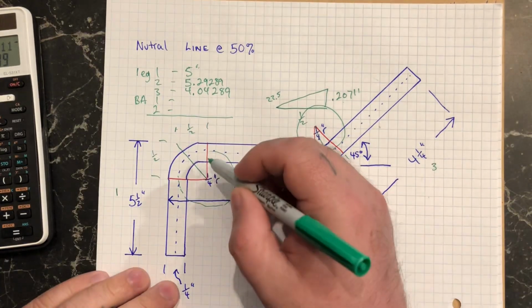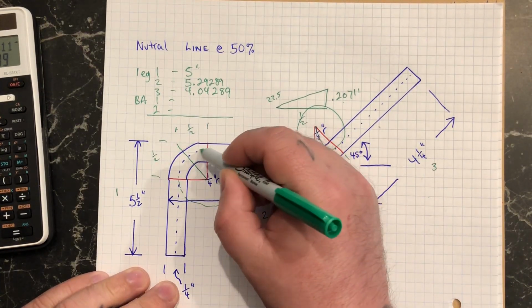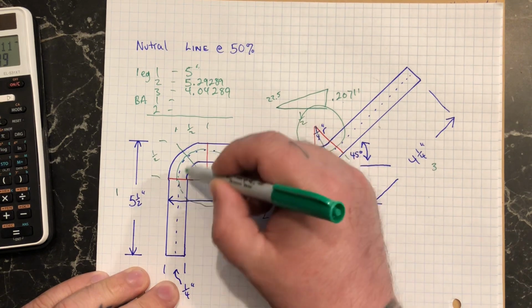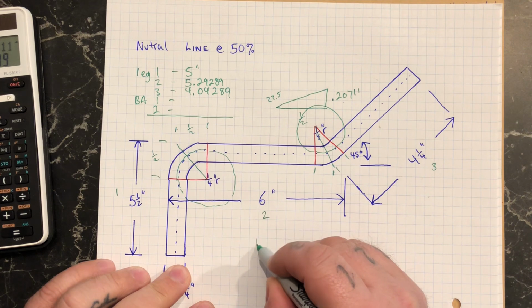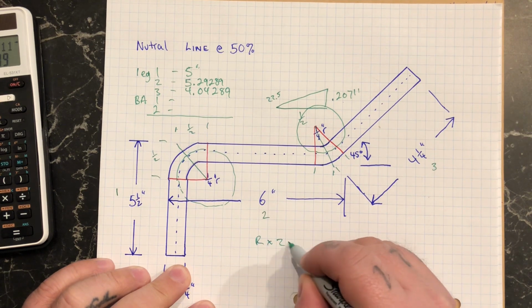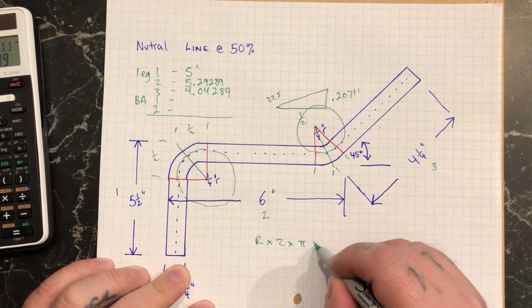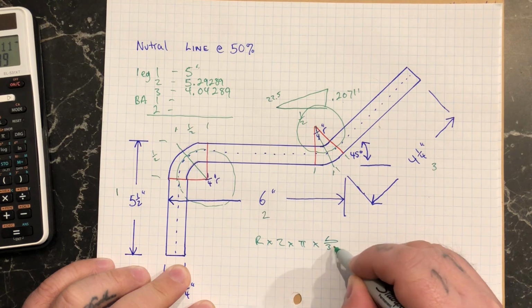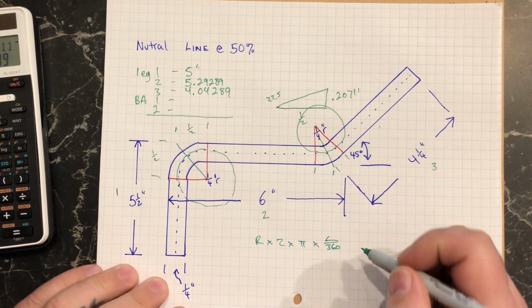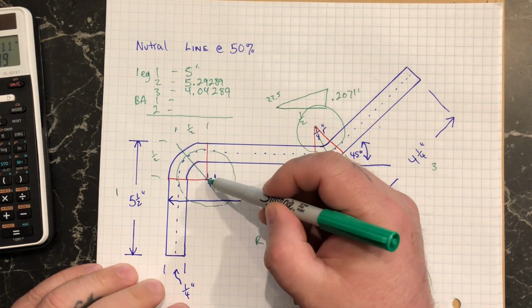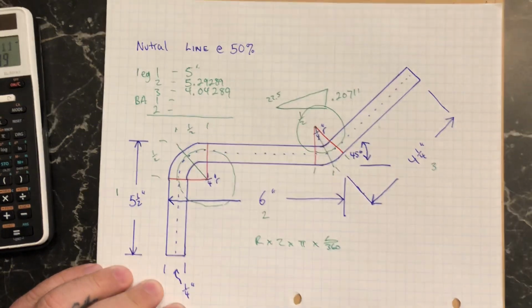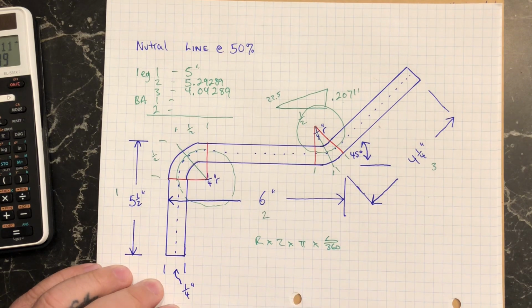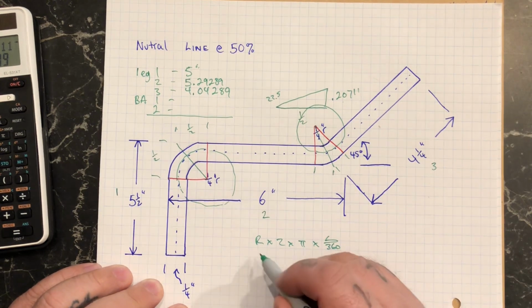Okay, so for this one here, we're looking for a quarter of a circle, right? This quarter here. So we're going to be using that radius times 2 times pi times angle over 360. Our radius here is going to be a 1/4 inch from here to here, and then we have 1/2 of a 1/4 inch, so that's 1/8 of an inch. So that gives us 3/8 of an inch.